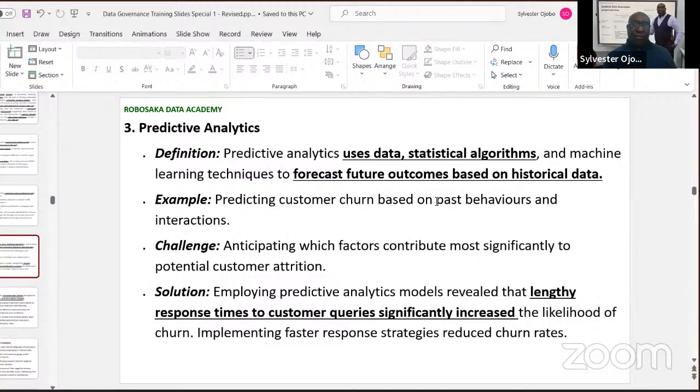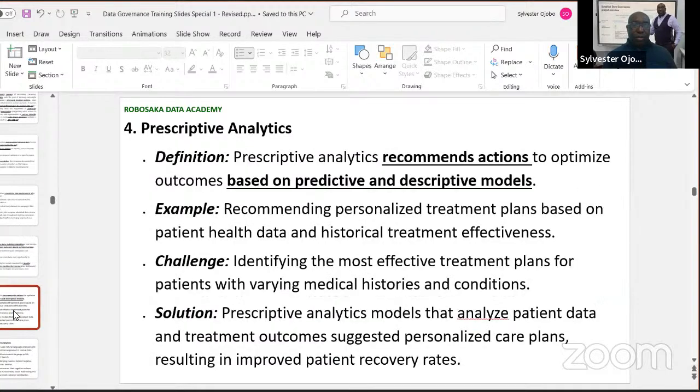That means predictive analytics also depends on descriptive analytics. We mentioned prescriptive as well, which recommends actions to optimize outcomes based on predictive and descriptive models. So before you can prescribe, you have to carry out descriptive and also predictive.